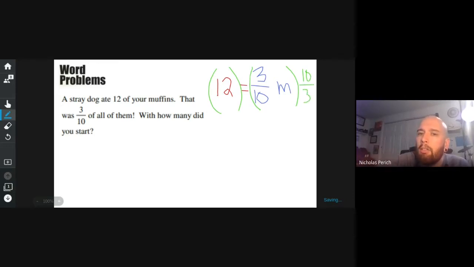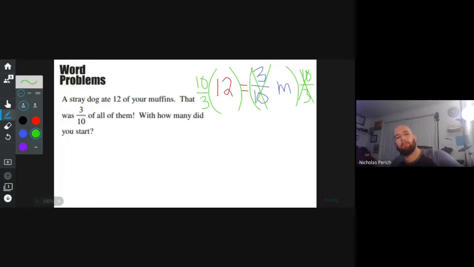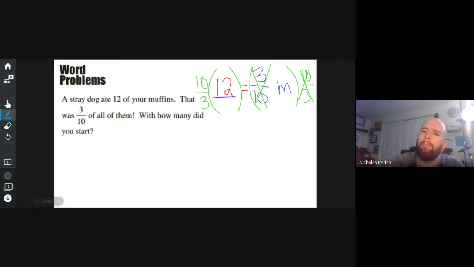10/3. Cross you out. Now, 12 is not a fraction, but I can easily turn it into one. See what I did? Then I multiply straight across the numerator, the top, and straight across the denominator, the bottom.